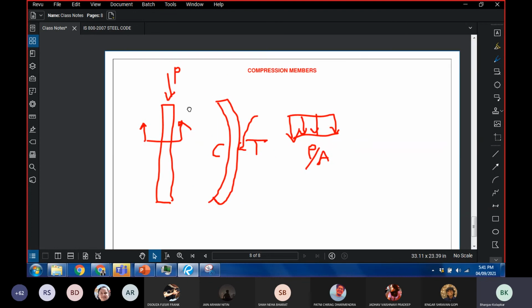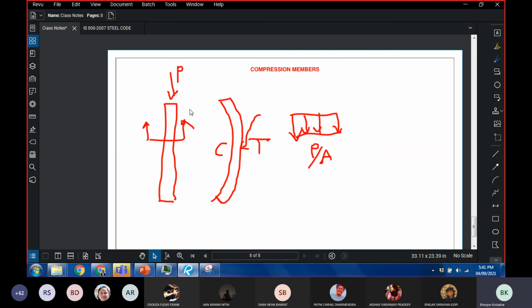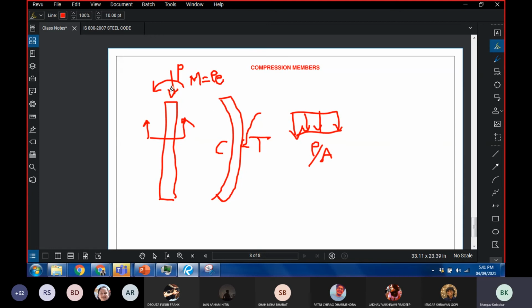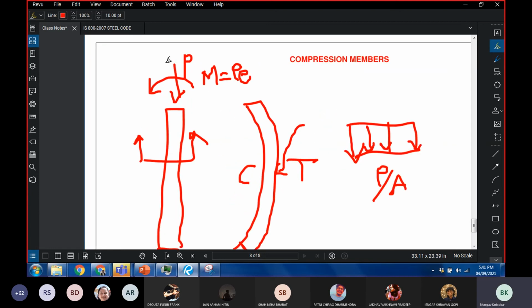So let us say this is the additional moment, which is equal to P times e. I hope I don't have to go back and explain why we have an axial load and an additional moment. No, that's clear.